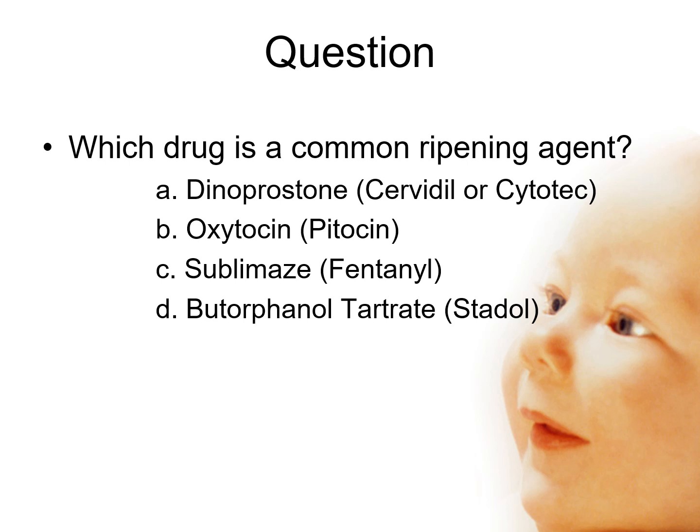Typically with a Bishop score over 5 or 6, depending on the patient, they're favorable for Pitocin, which means they don't really require any ripening. Women under that typically do. So we go by that to determine how we're going to induce the patient.